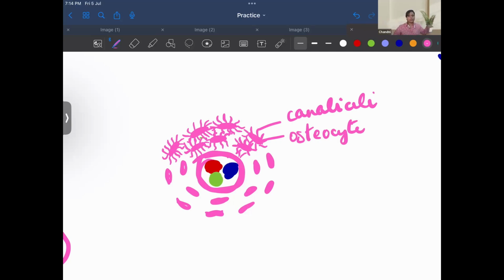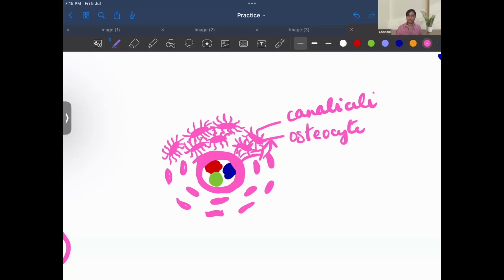Canaliculi are like shaking hands with everybody in the department and getting the work done, constantly telling them, okay, this is required, that is required, or nutrients have to be passed on from one place to another. Because you see, this Haversian system is bringing it in here, but after that the cells have to be nourished, right?